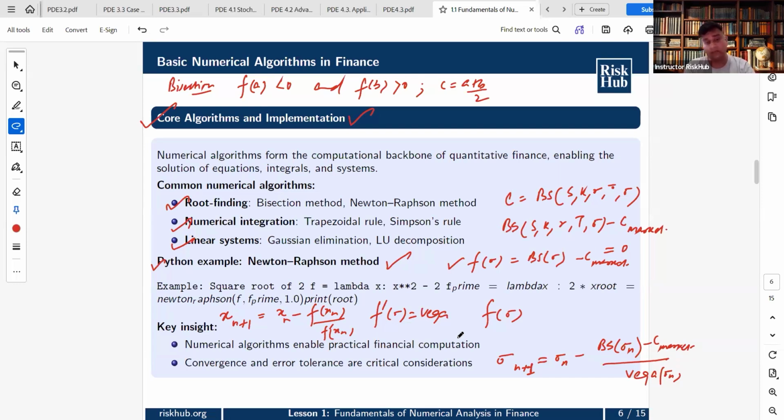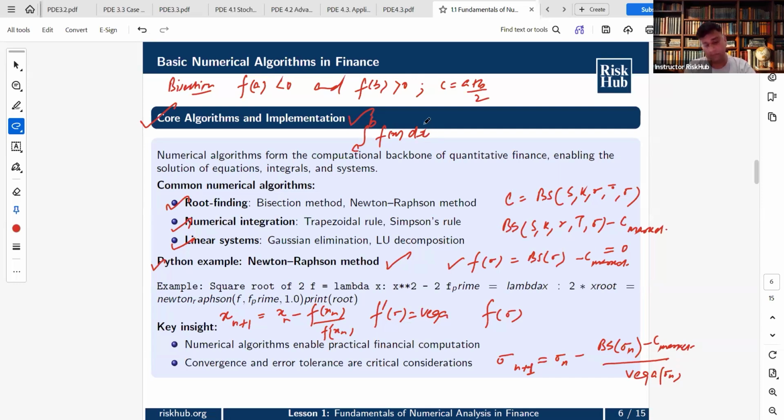Numerical integration approximates integrals, in general the integral from a to b of f(x) dx.